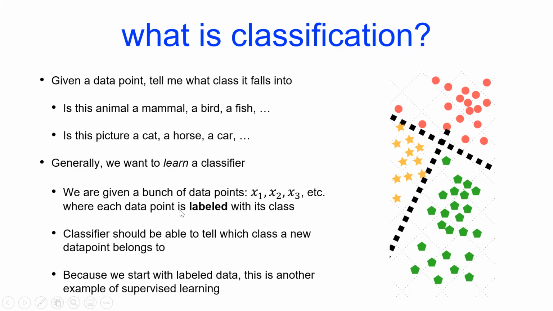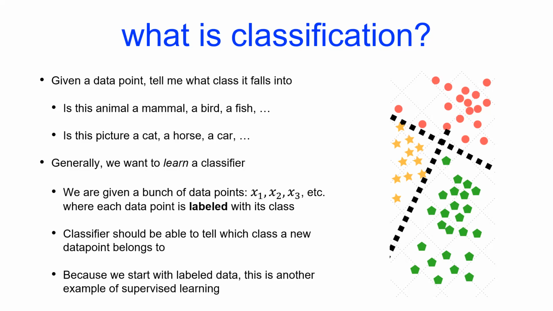So in general, you have a bunch of data points, x1, x2, x3, and each one is labeled with its class, and the classifier should be able to tell which class a new data point belongs to, okay? Because we started with labeled data, this is another example of supervised learning. Supervised learning means you know the ground truth for your training data.